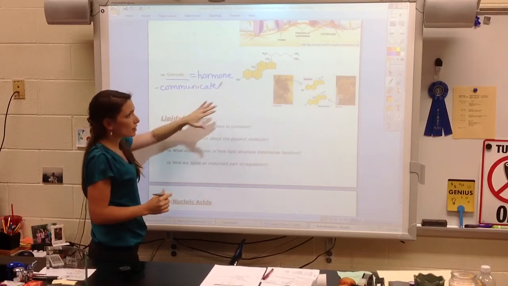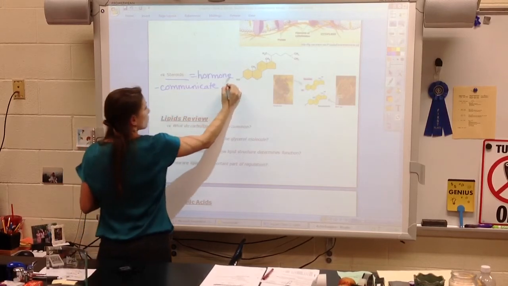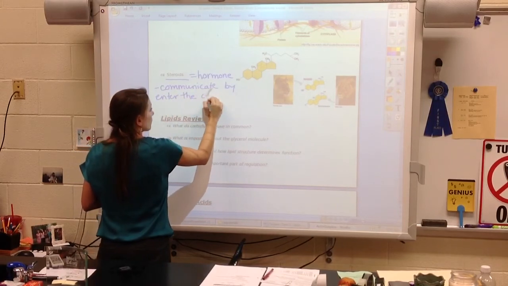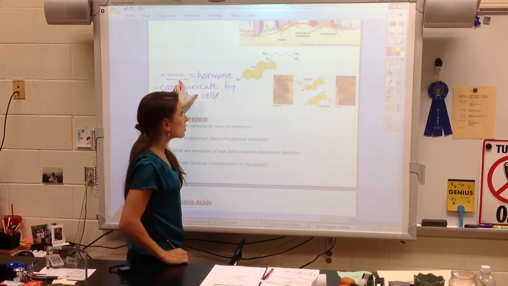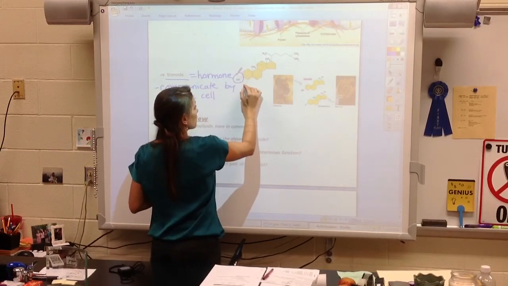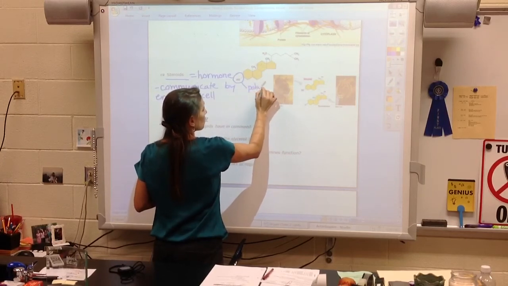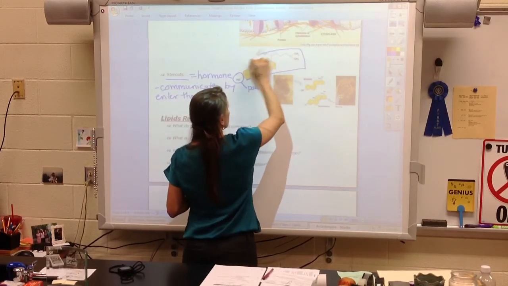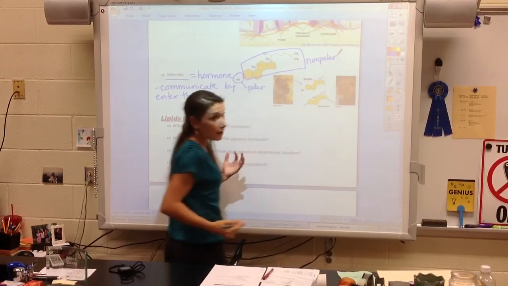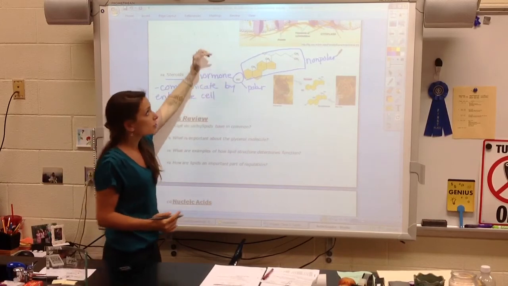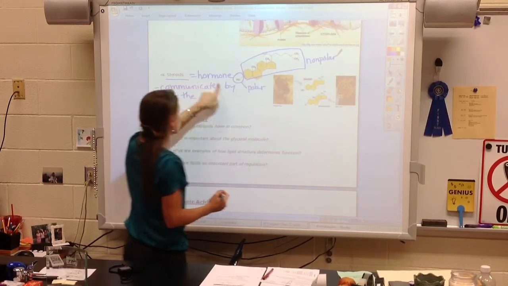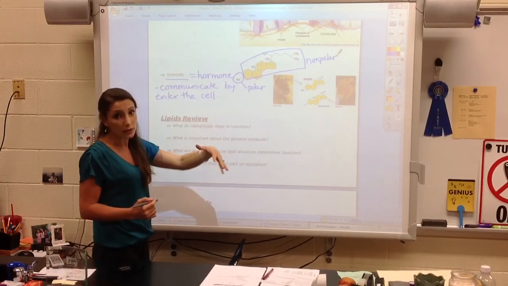What these steroids are able to do is enter the cell, because they are small and slightly polar and nonpolar. See this hydroxyl group? Slightly polar. The rest of these carbons and hydrogens, slightly nonpolar. Another amphipathic molecule. And because it's so small, it's able to fit right into the cell membrane. So steroids are hormones that can actually get into the cell.